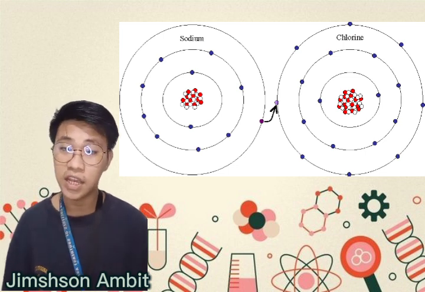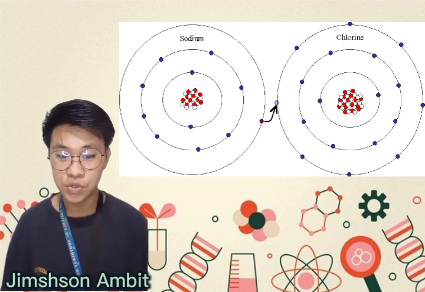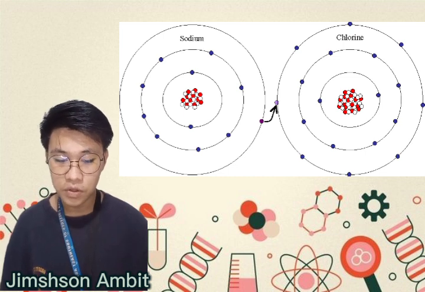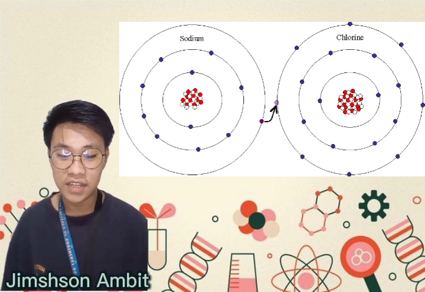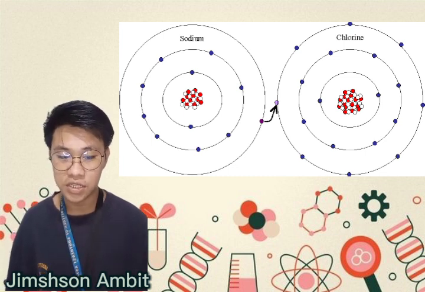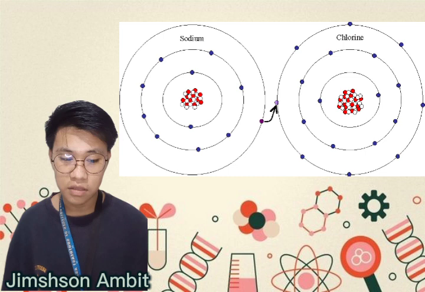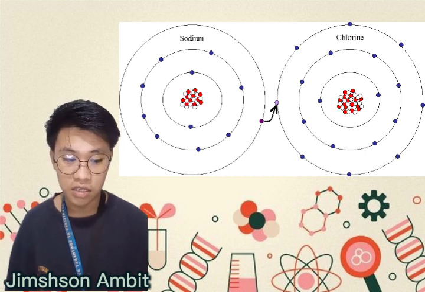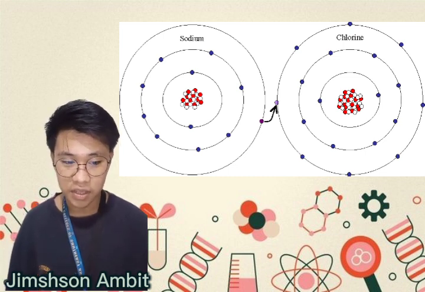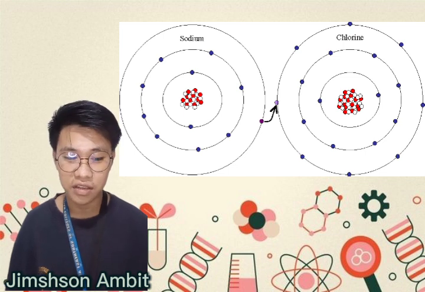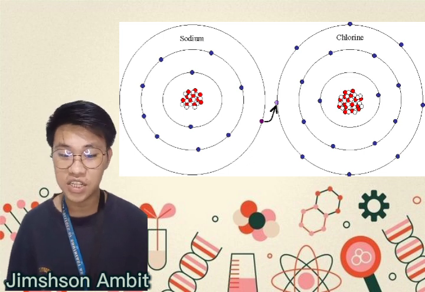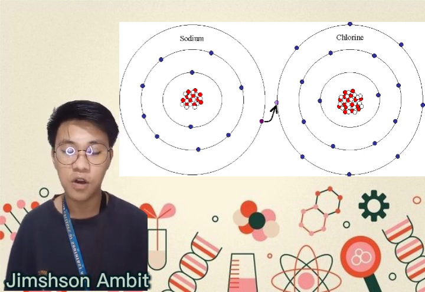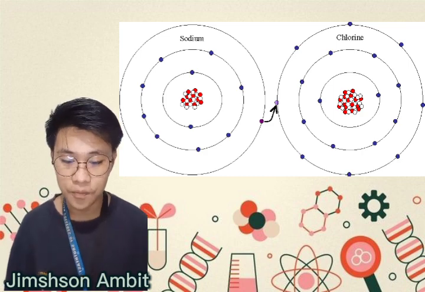This has created a positively charged sodium ion, which is Na plus, and a negatively charged chloride ion, which is Cl minus. The oppositely charged ions are then attracted to each other by the force of electrostatic attraction.